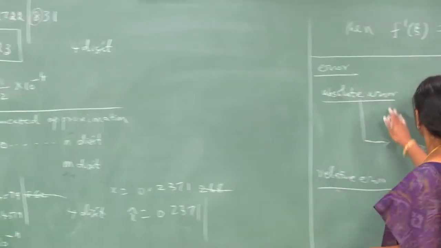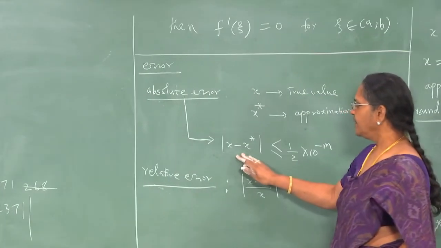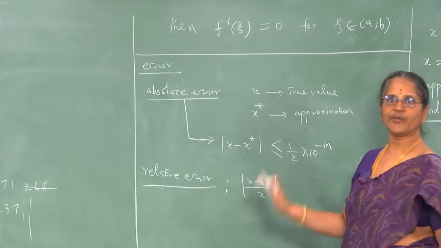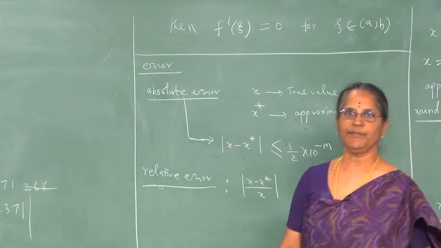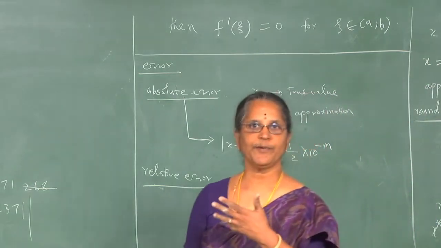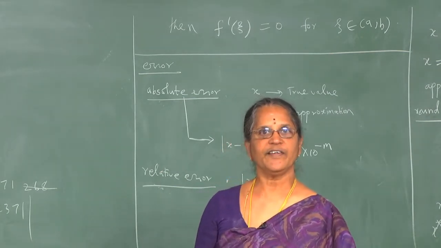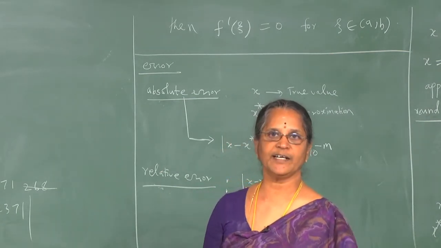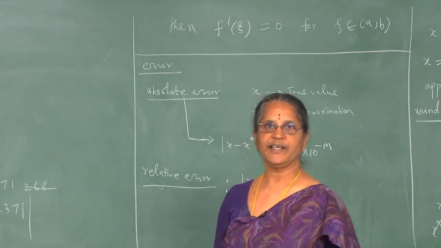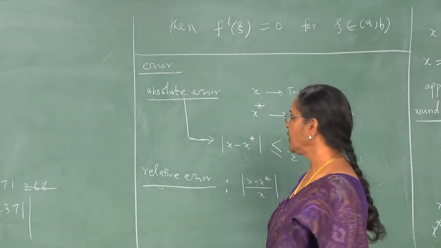When we look at the absolute error, this is a natural measure of accuracy of approximation. Namely, you have a true value, you have an approximate value, and the absolute value of the difference gives you the error that has been incurred.